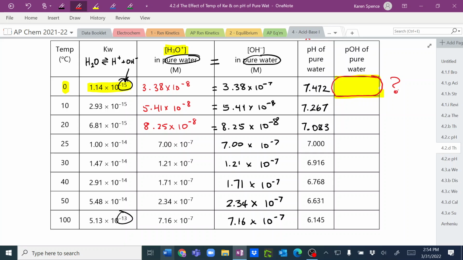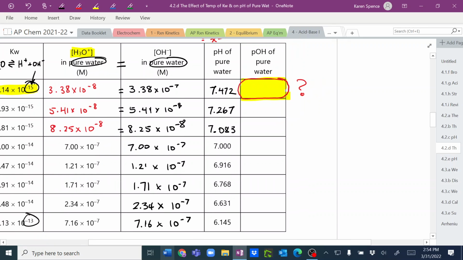So is it 14 minus 7.472, which would be 6.528. Is that true?